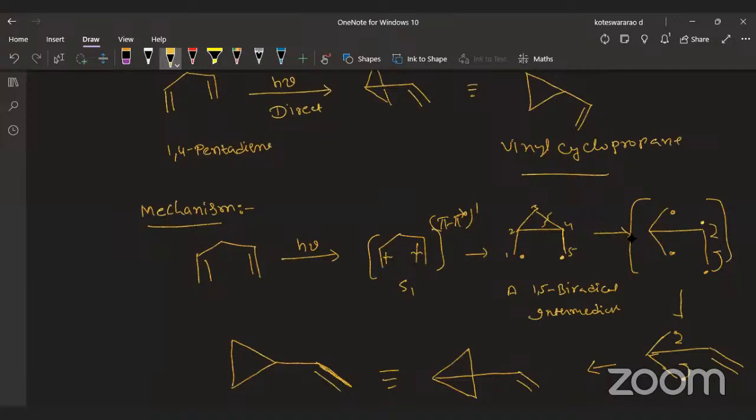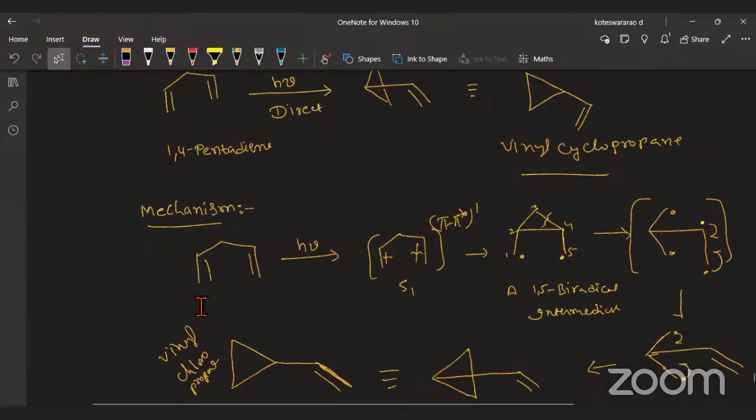That is the mechanism of this reaction. This is vinyl cyclopropane. Okay. This is the mechanism.